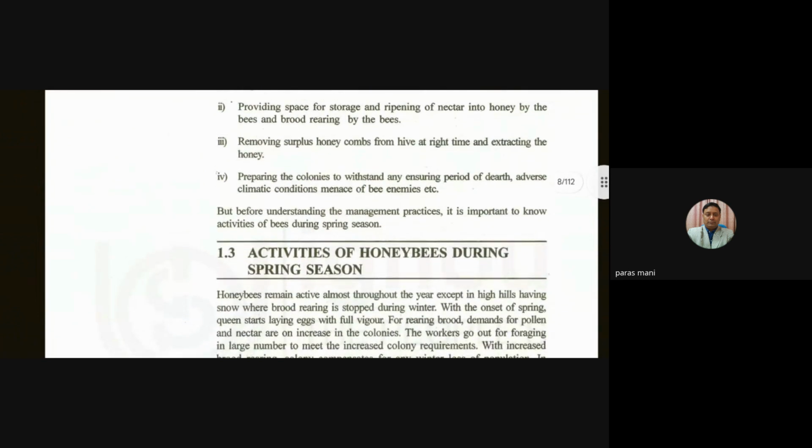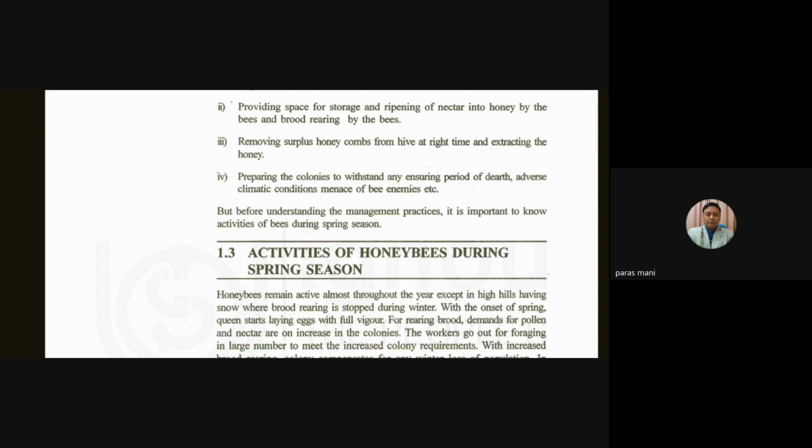And preparing the colonies to withstand any ensuing period of dearth, adverse climate conditions, menace of bee enemies, etc. You have to take care of bee enemies, and if any adverse conditions are there, you have to protect the colony from that.